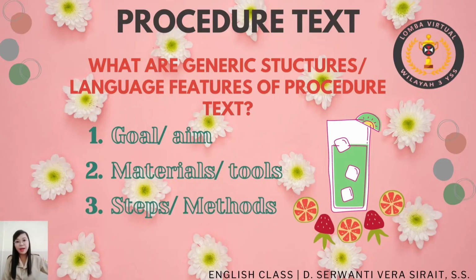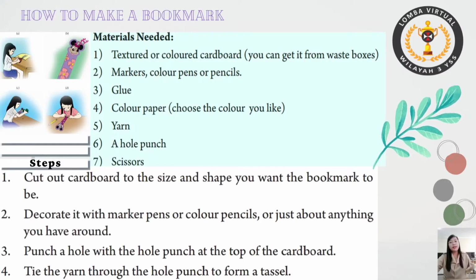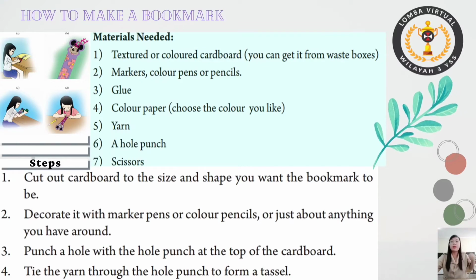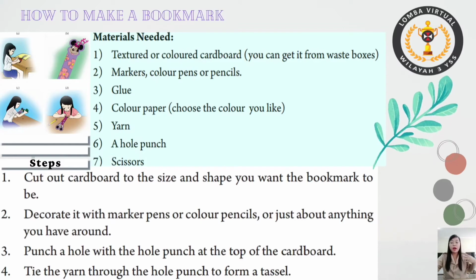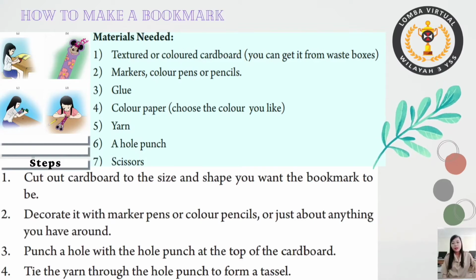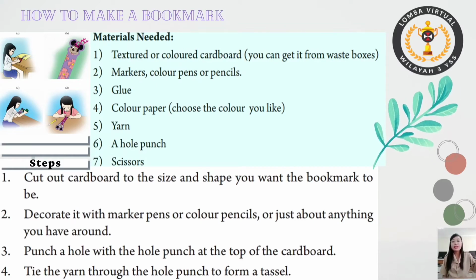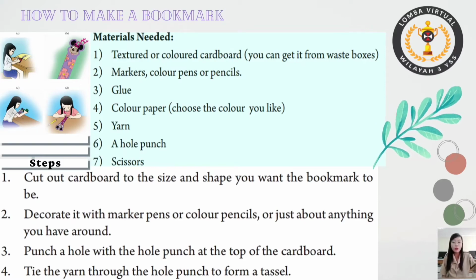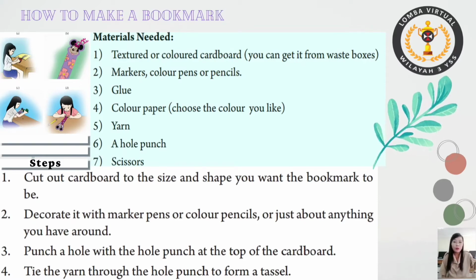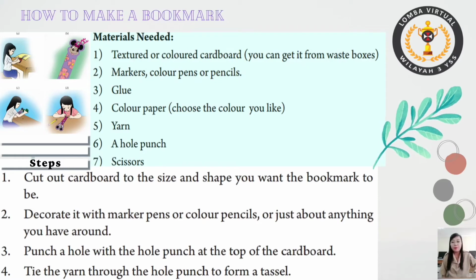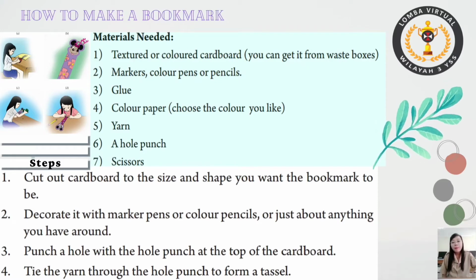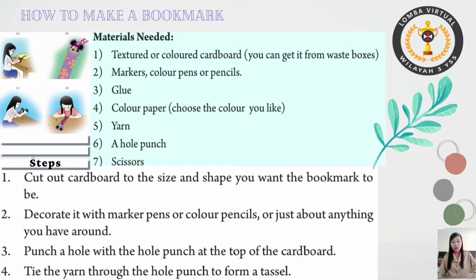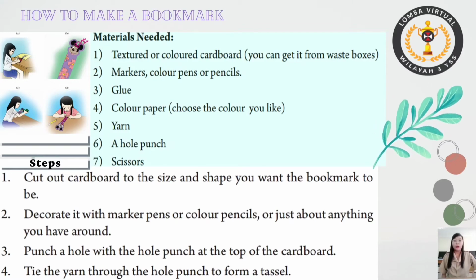The next step, yeah. So guys, this is the example that I prepared and made for you: how to make a bookmark. Don't forget guys, the first thing that we must do if we want to make a procedure text is to make a title or aim or goal.